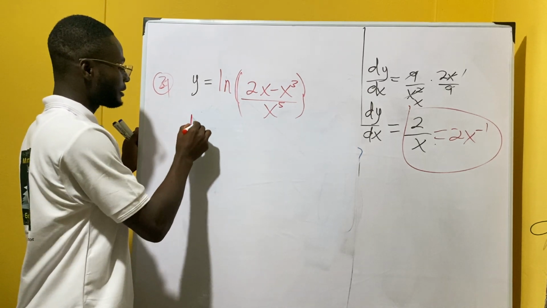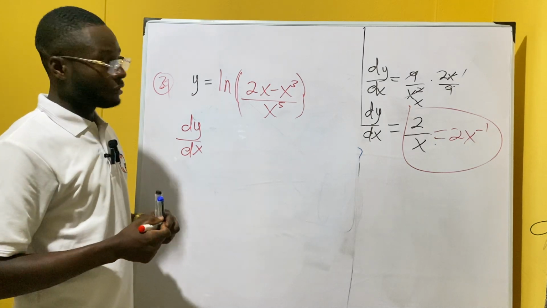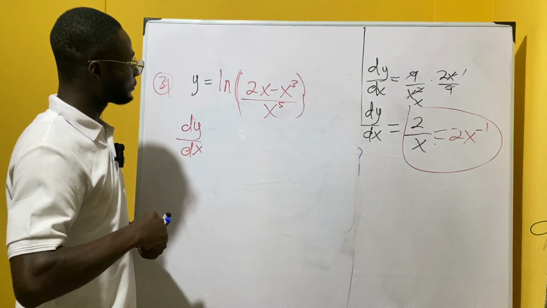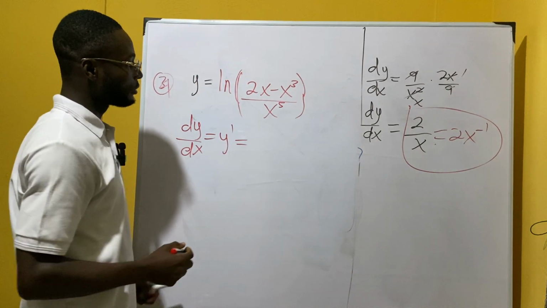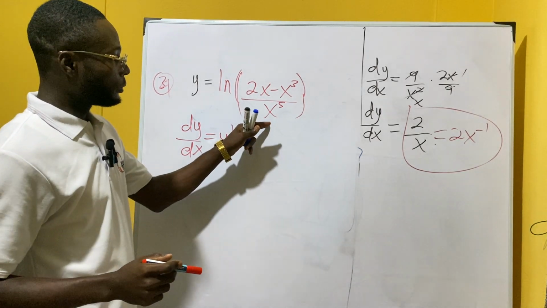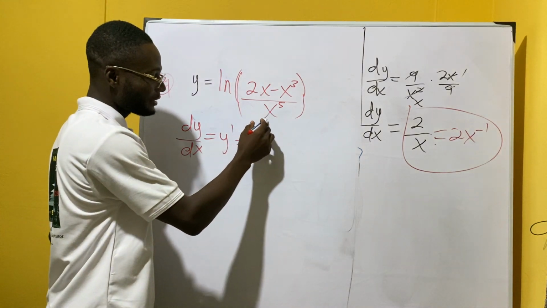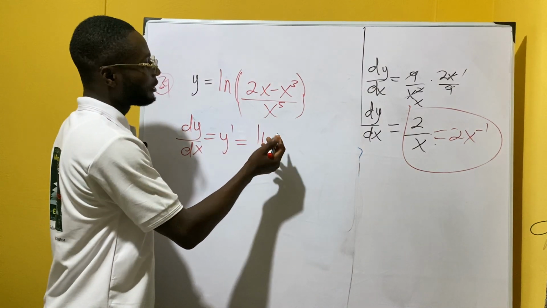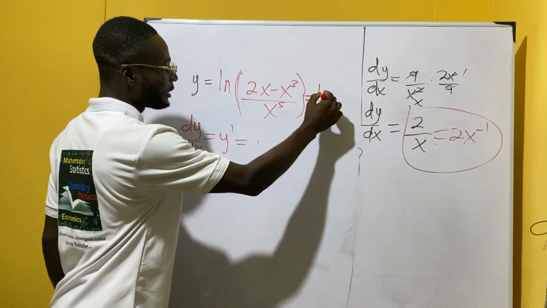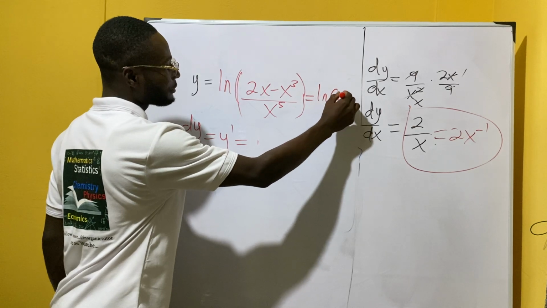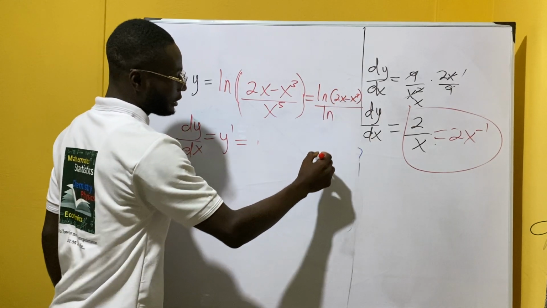So we know that this is the same as ln(2x minus x cubed) over ln of x to the power 5.